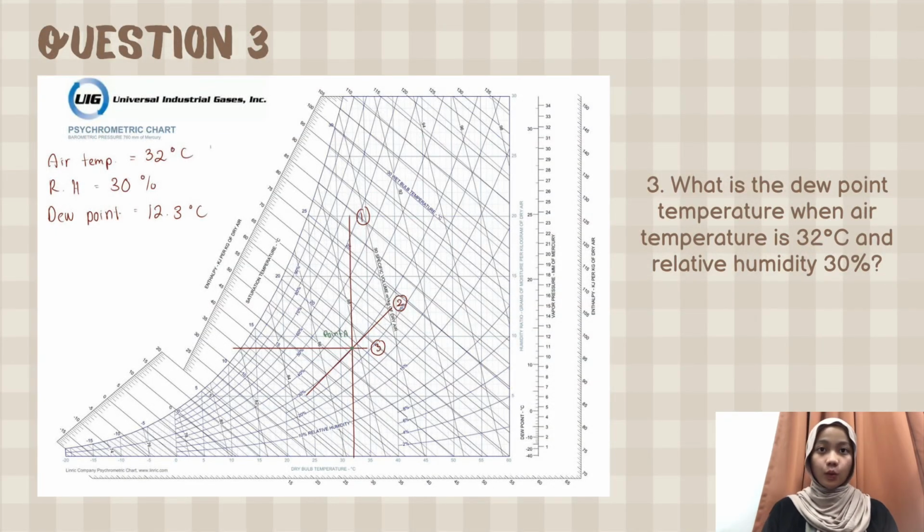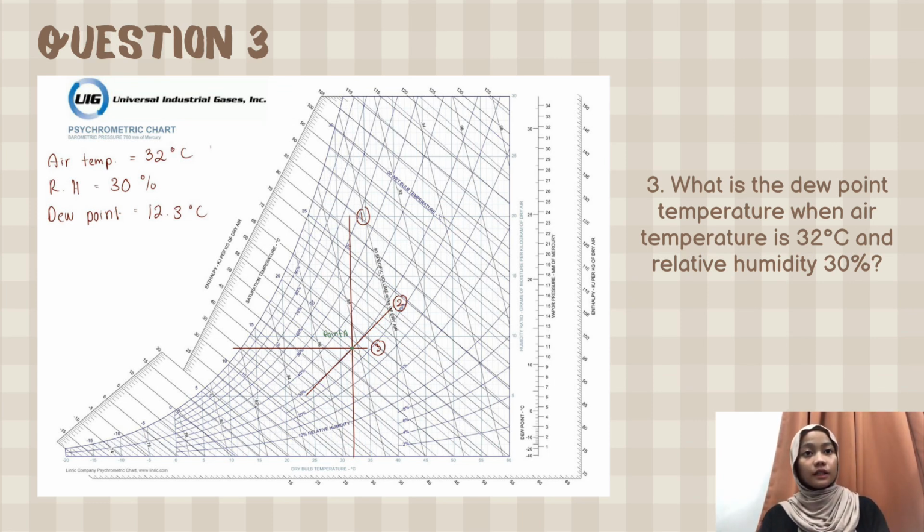For the last question: what is the dew point temperature when the air temperature is 32 Celsius and the relative humidity is 30%? Basically, this question has the same concept as the other question. First, we draw a straight line on the dry bulb temperature at 32 Celsius.